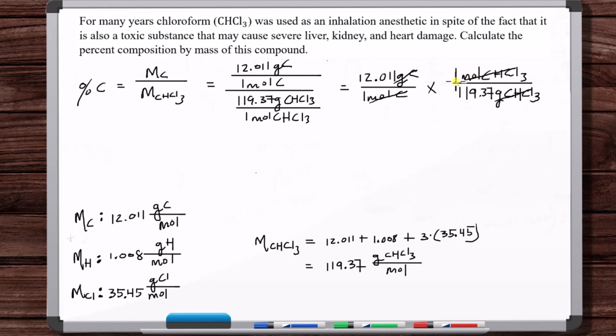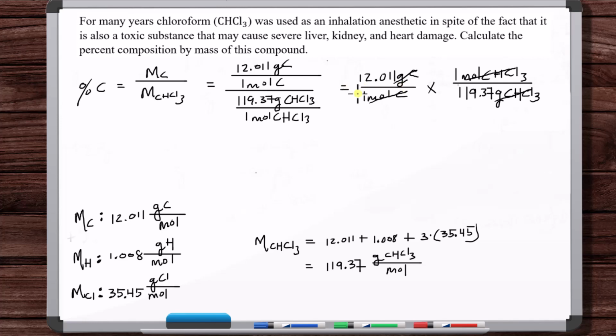Now we're calculating the ratio of the weight in grams of 1 mole of carbon to 1 mole of this compound. But because it's a mole, we know it's also the same thing as calculating the weight of 1 atom of carbon to 1 molecule of this compound. And if we're dealing with Cl3, we would just multiply this times 3, because there would be 3 Cl's. A mole is just a scaled up version of a molecule.